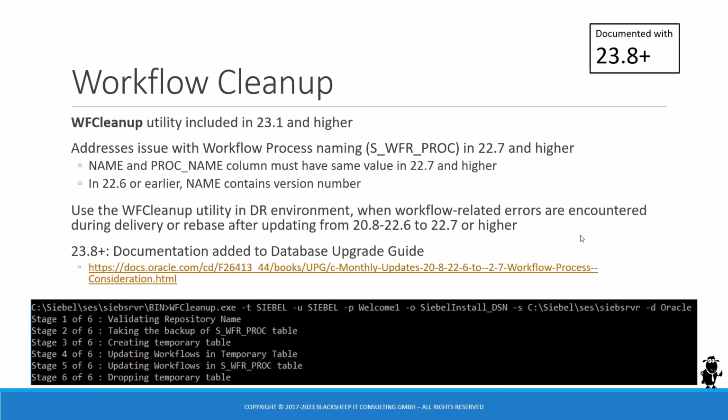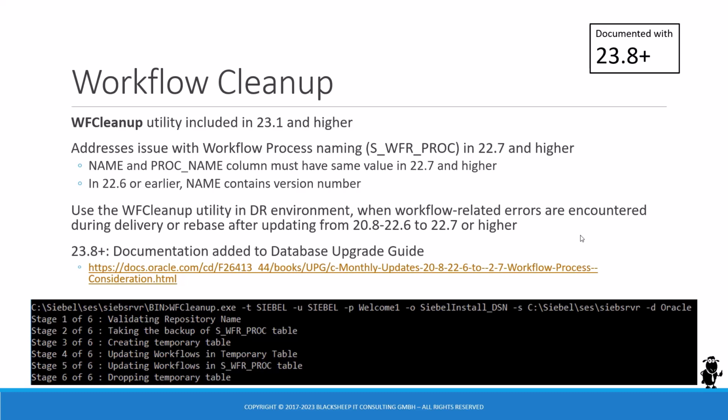So when you update from a version that is higher than 20.7, where the workflows were workspace-based, anything up to 22.6, and you update to 22.7 or higher, then you might not feel anything because you're lucky, or you might actually encounter errors during delivery or rebasing your workspaces.